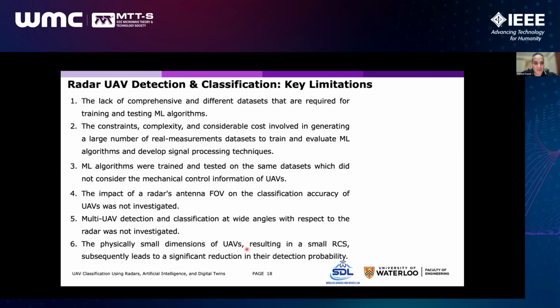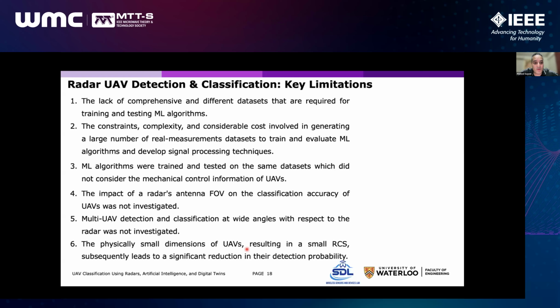In all that has been done before, they take measurements of a hovering drone, or a pitching or forward-moving drone, train machine learning models on these datasets, and then test on the same datasets. If we apply these machine learning models on different datasets that may have different motions or different mechanical control information, this will significantly affect the accuracy of machine learning models.